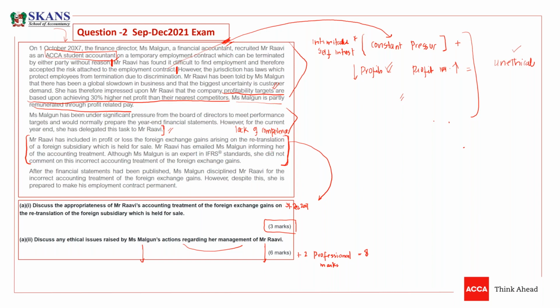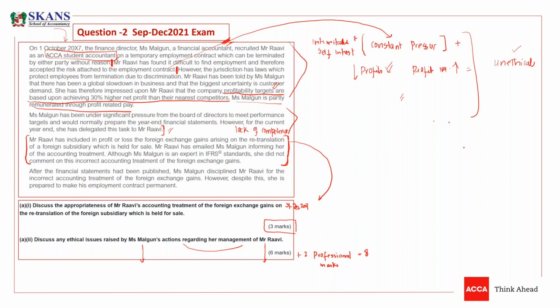Mr. Ravi has emailed Miss Malgan informing her of the accounting treatment. Although Miss Malgan is an expert in IFRS standards, she did not comment on this incorrect accounting treatment of the foreign exchange gain. So the treatment is wrong. Miss Malgan, no. So there is a problem of integrity at her end.